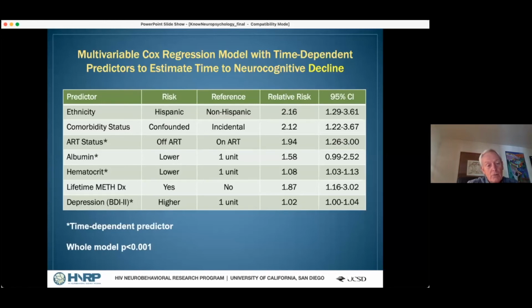The overall model was very highly significant.